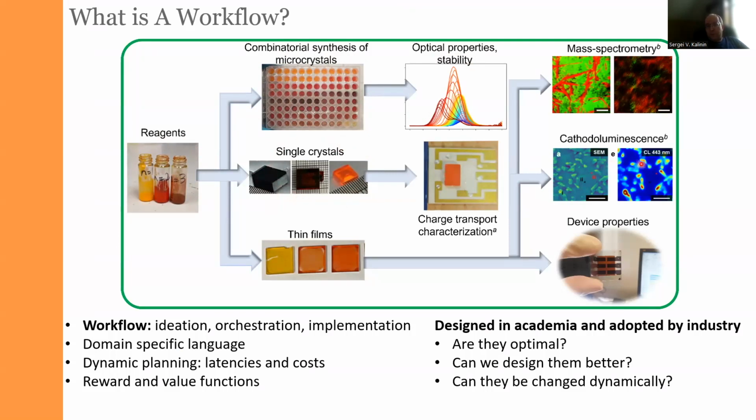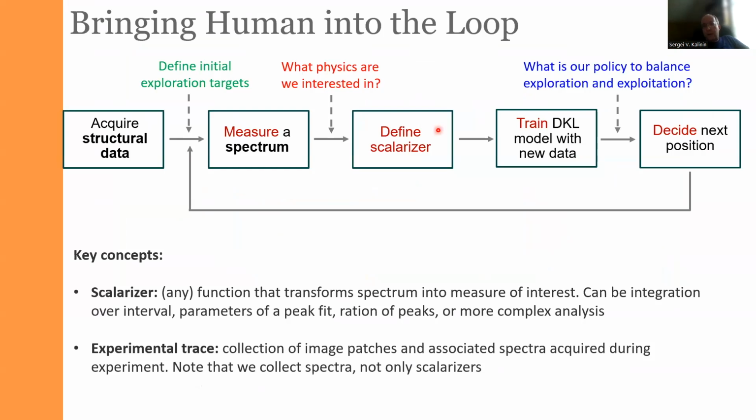So we can use the data coming from microscopy in order to understand the processing and select the right film to make, or even navigate in the space of the reagents. Classically, all this experiment planning is done by humans with relatively small influence of machine learning. But we know that machine learning can help us.